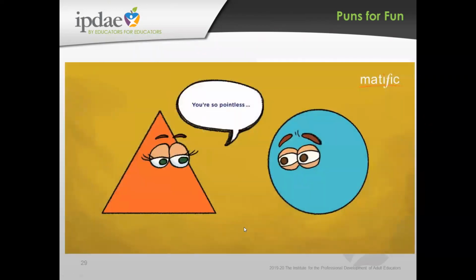Let's do math. What's the humor? If you got the fact that a circle doesn't have any points where a triangle does, you got it. Great, okay. Time out for a little pun, right?